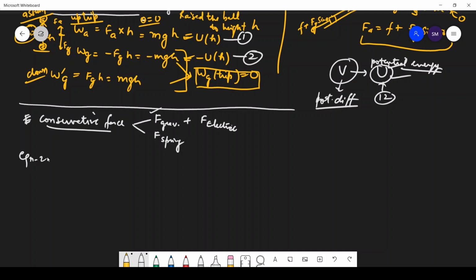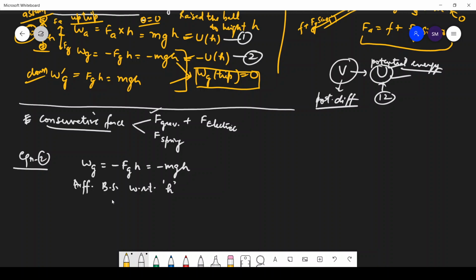So equation number 2 means taking the ball up, work done by the gravitational force is equal to minus Fg h, and that is equal to minus mg h, right? Now differentiating both sides with respect to h, because h is the variable here.